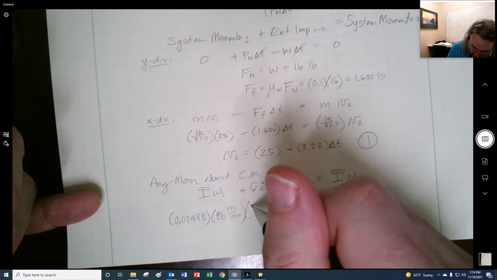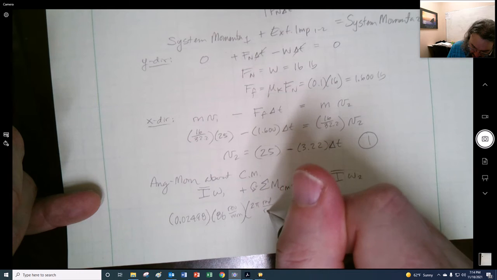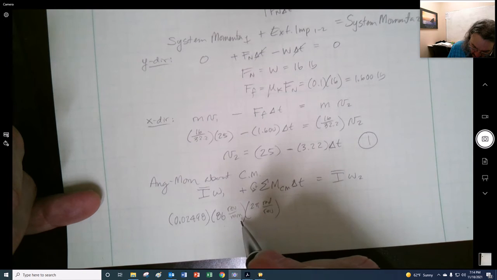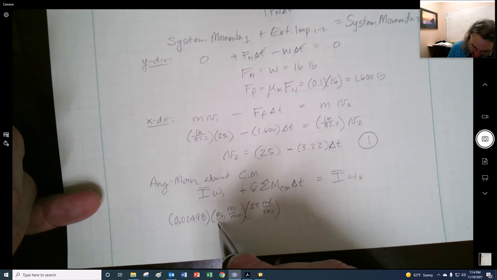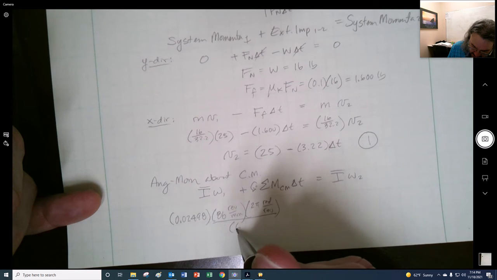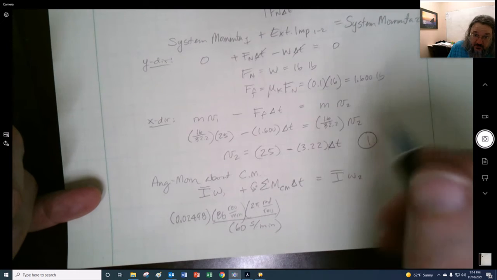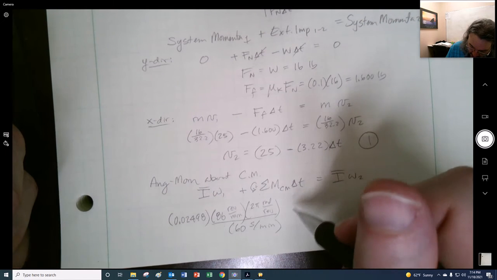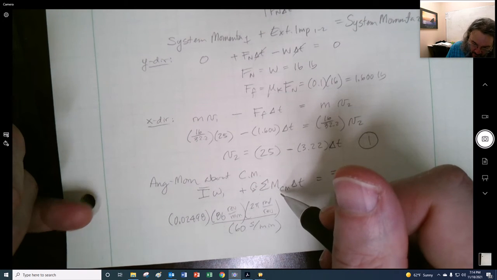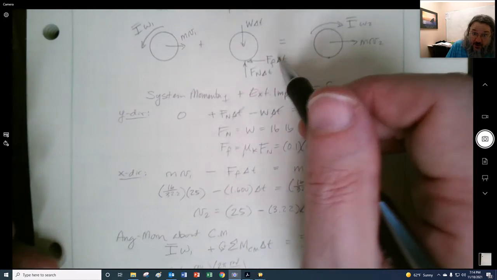So we want 2 pi radians per revolution. But we also want to divide it by 60 seconds per minute. Right? We need to get the units correct. Okay, so the moment that's going to be placed on it is actually clockwise.